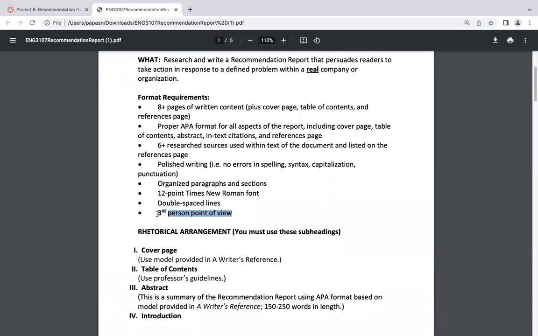Third person point of view, I guess, is worth mentioning. This isn't a first person narrative. It is written from the third person.